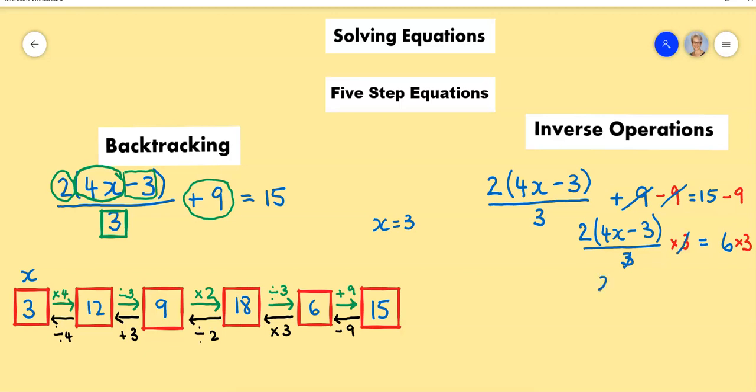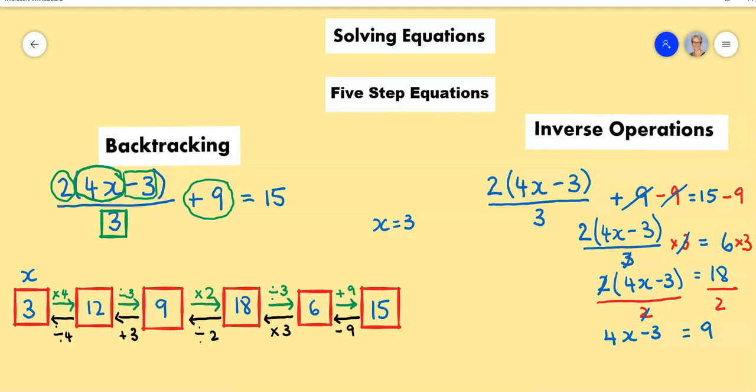So we're left with 2 times 4x minus 3 is equal to 6 times 3, which is 18. The next thing that we had to do, looking at our flowchart, was to divide by 2. So I'm going to divide both sides by 2 now, and times 2 and divided by 2 will cancel out, and I am left with 4x minus 3 is equal to 18 divided by 2, which is 9.